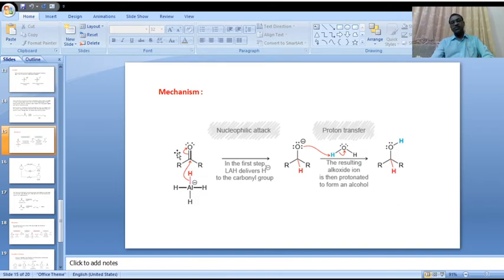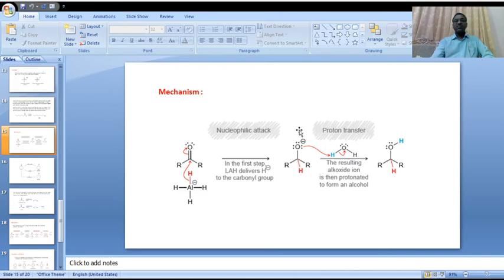Oxygen gets negative. This is the intermediate, the alkoxide ion intermediate. Is it clear? Alkoxide ion intermediate. Oxygen gets negative. This particular nucleophile attacks the carbonyl carbon.